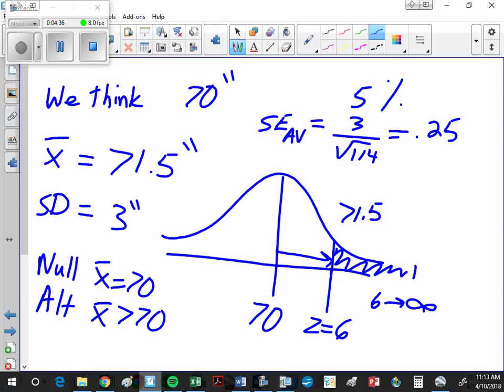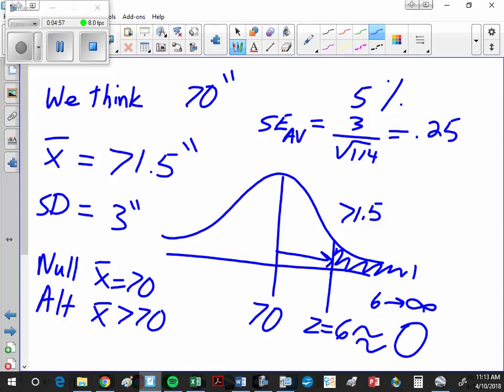So this is essentially 0. Do I now believe that the true height of men at Emory High is an average of 70 inches? No. We reject the null and we accept the alternative.